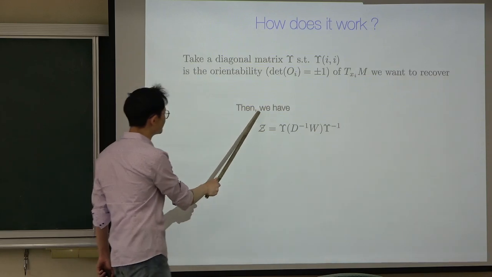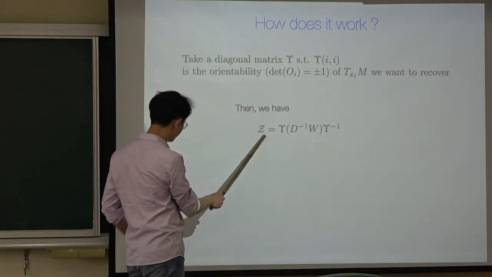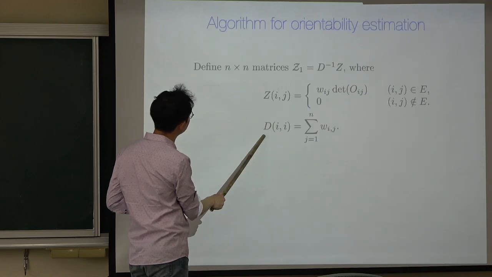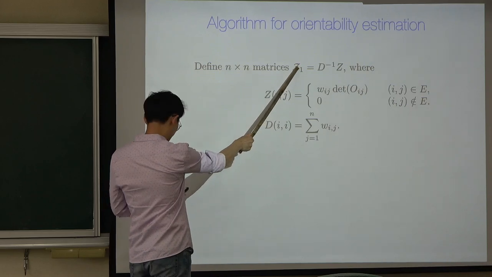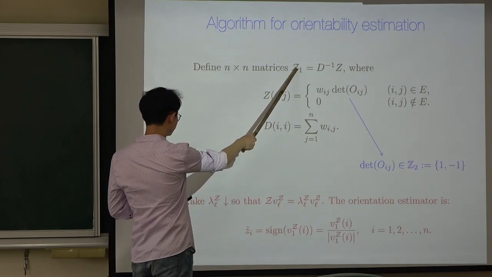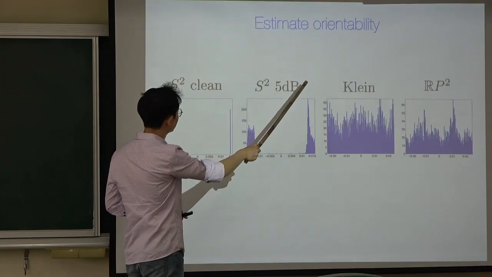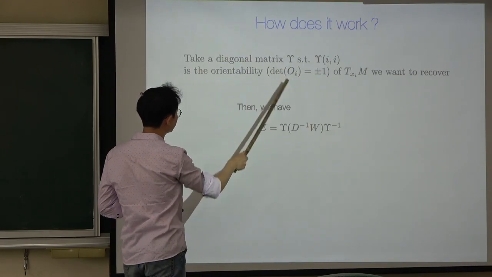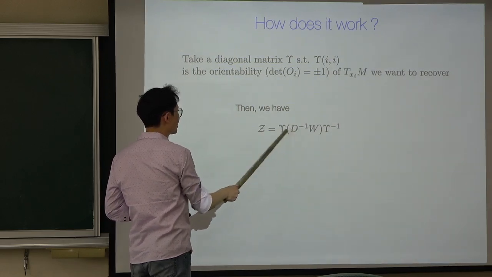Then what we have is the Z matrix we discussed before, this is just curl Z. But the curl Z is actually D inverse W. This is the diffusion map. And you conjugate this down.